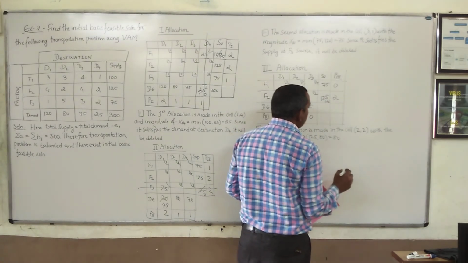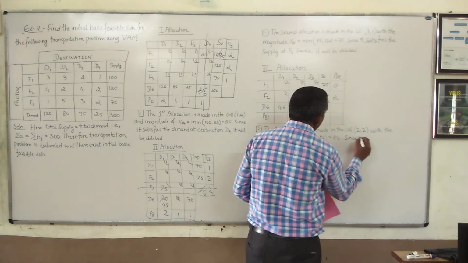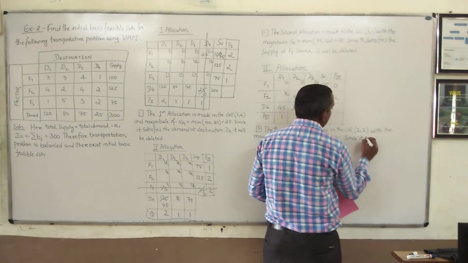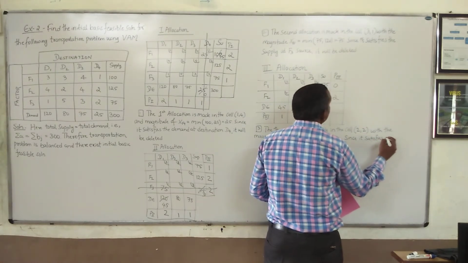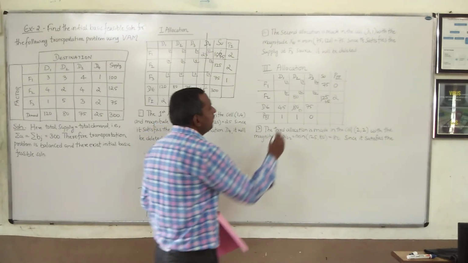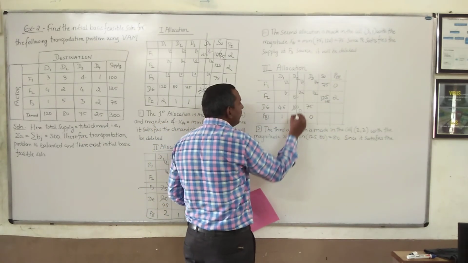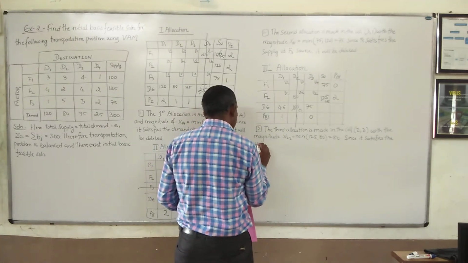Fine. So since it satisfies the demand at destination D2, let me delete this row.